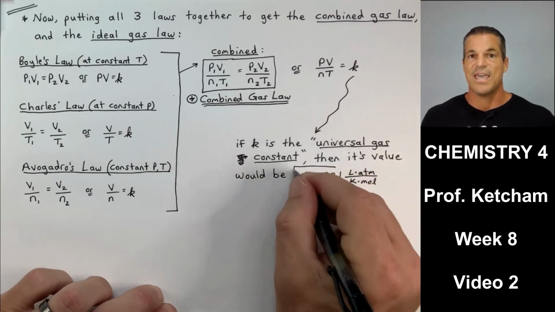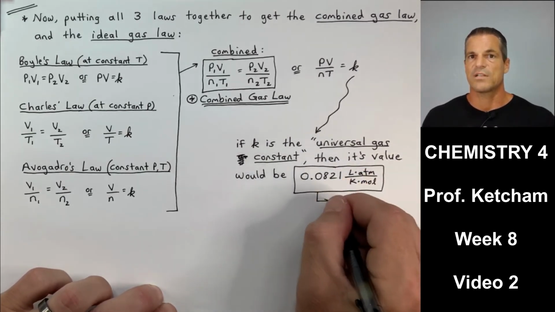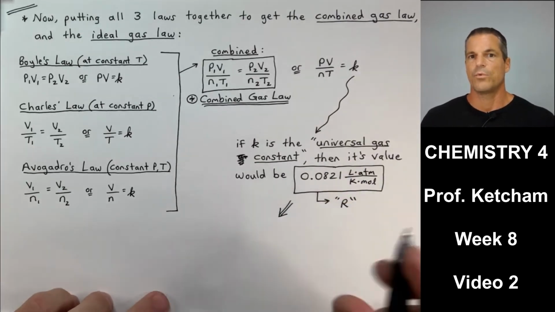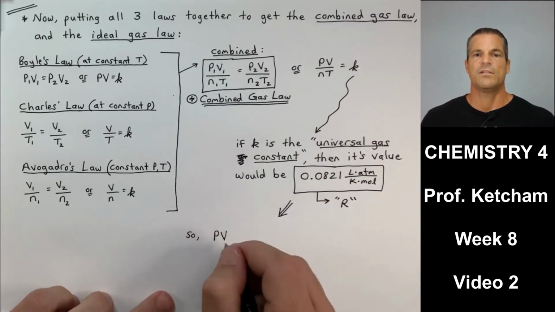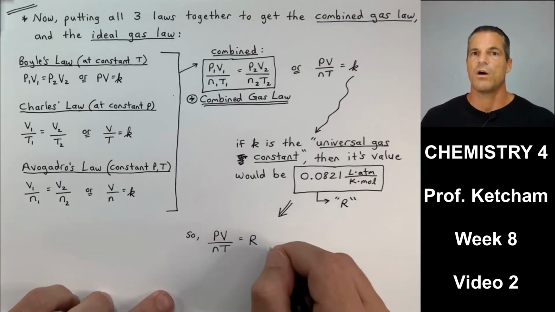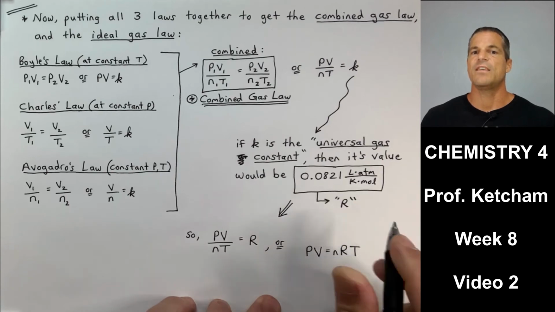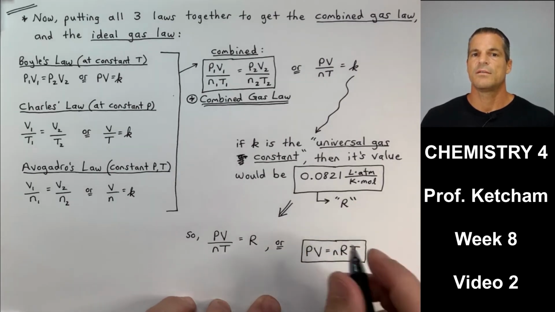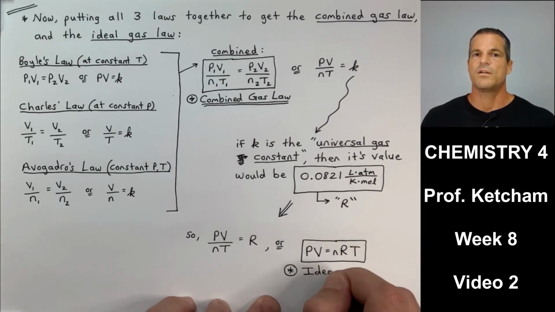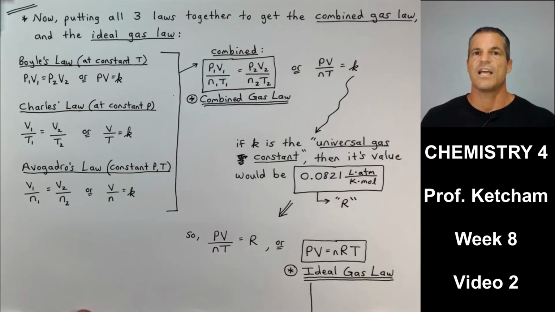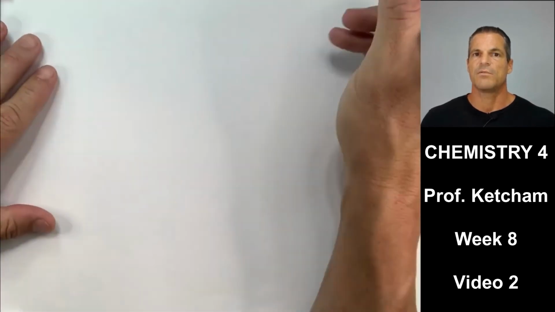So if I set K equal to the universal gas constant represented by capital R, PV over NT no longer equals little k, but it equals R. Cross multiply, set them equal. I get PV equals nRT. So in this page of notes, we've derived our combined gas law, and we've also achieved the ideal gas law, PV equals nRT.